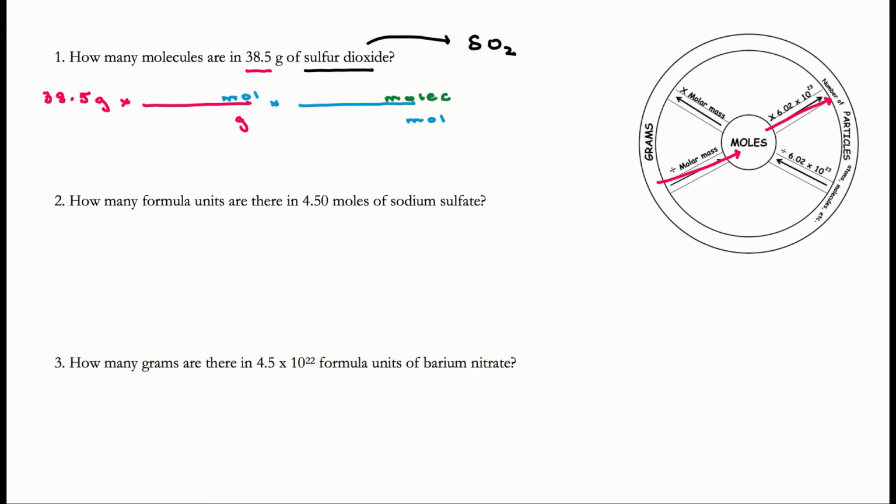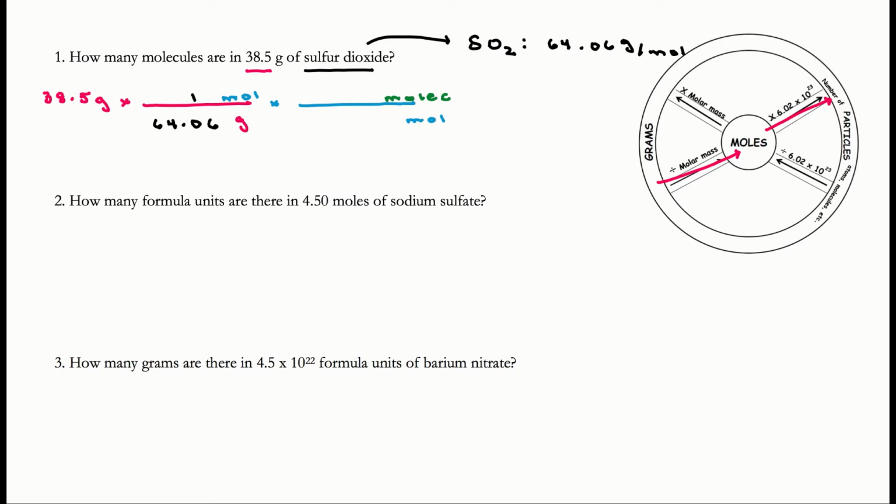And what I get for the molar mass of sulfur dioxide, if I round to 2 decimal places, is 64.06 grams per mole. Okay, so I'm going to plug that in here. So it's going to be 64.06 grams for every 1 mole.